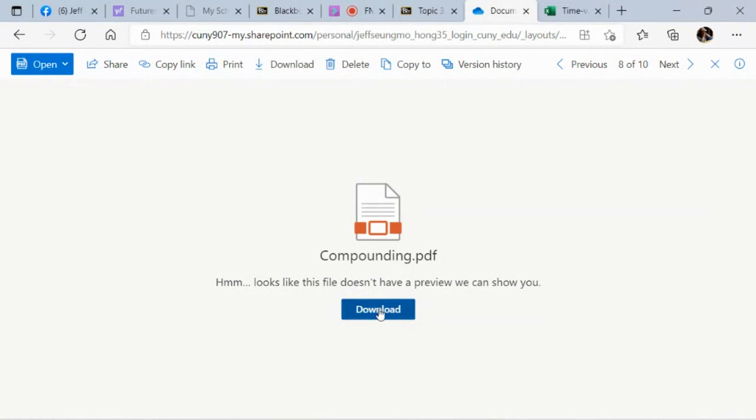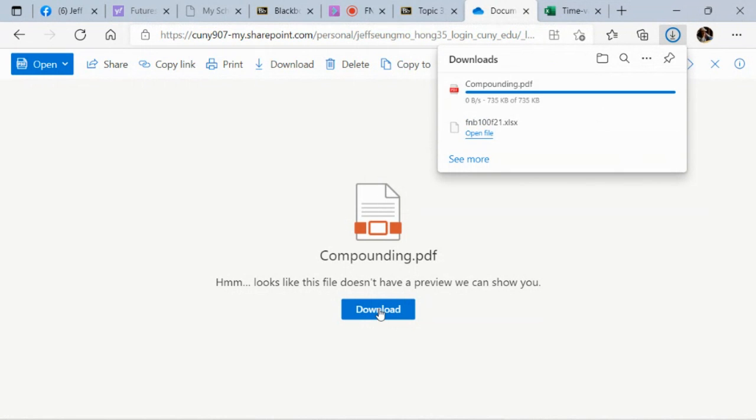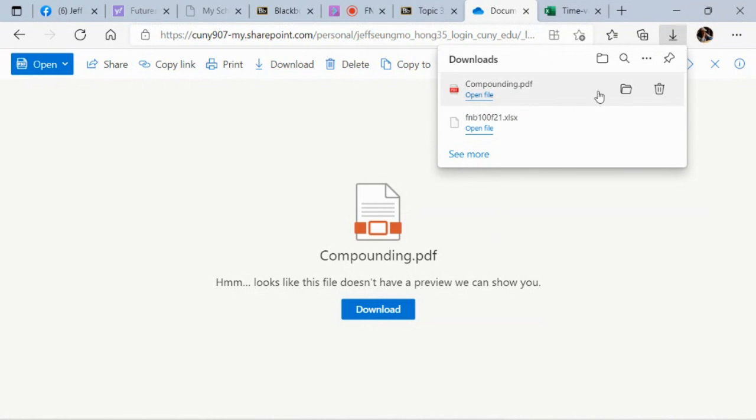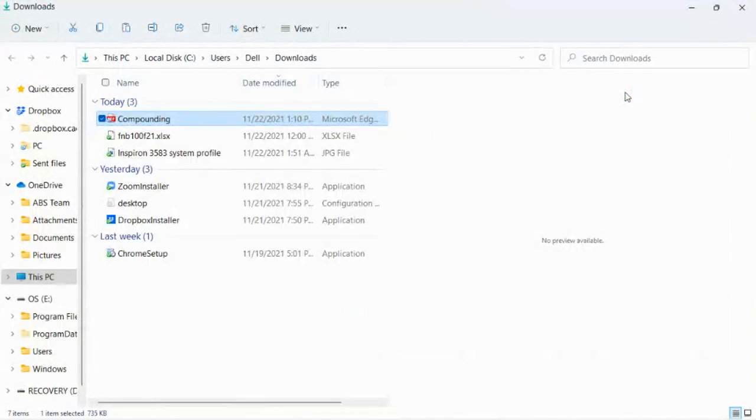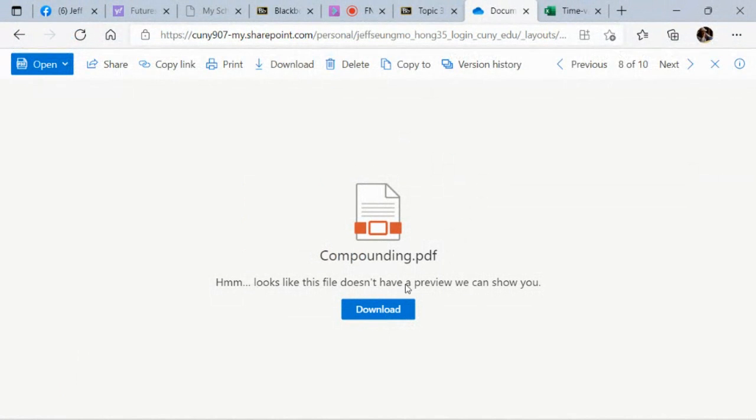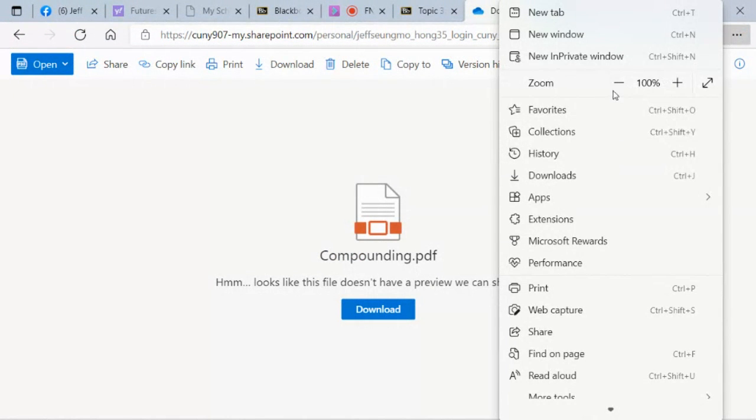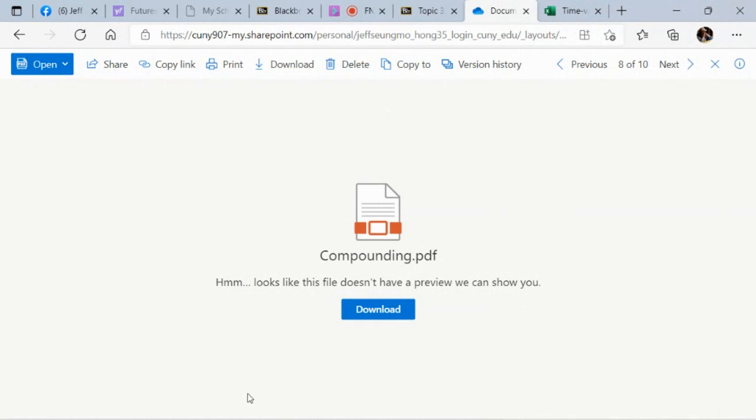It says download. What download? The local drive. How can they not open it right there?